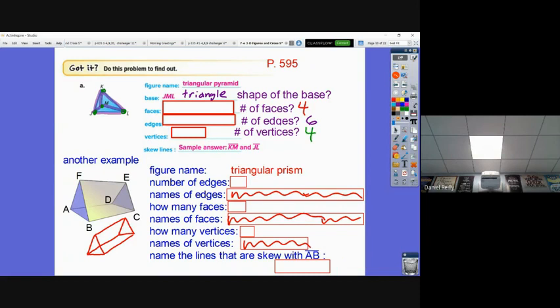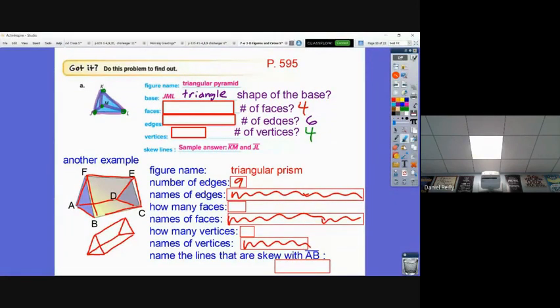How many edges does it have, Kylie? 9 edges. 1, 2, 3, 4, 5, 6, 7, 8, 9. 9 edges. How many faces does it have?